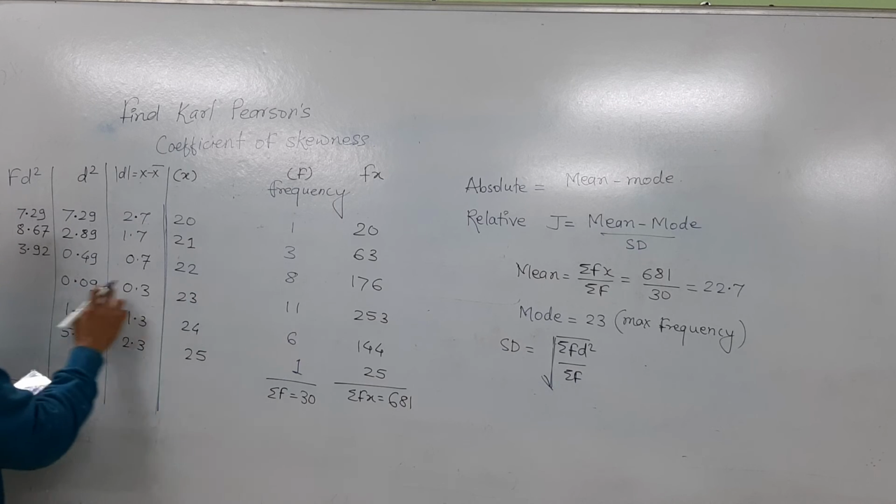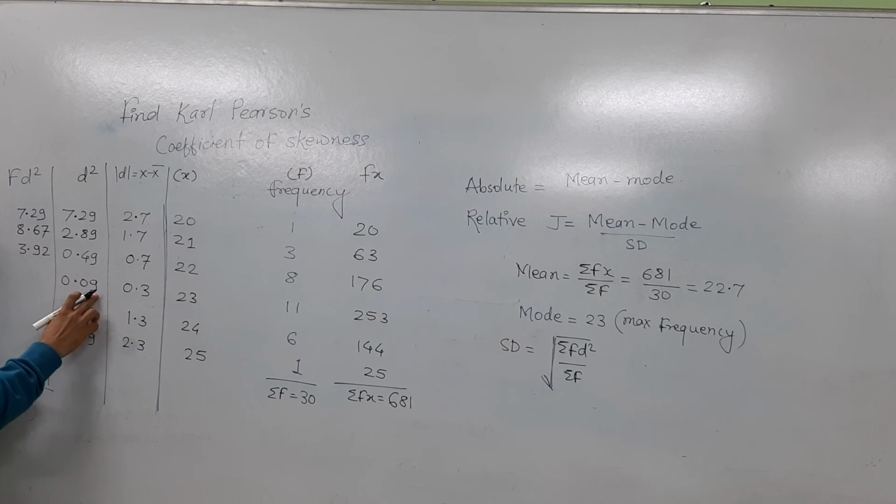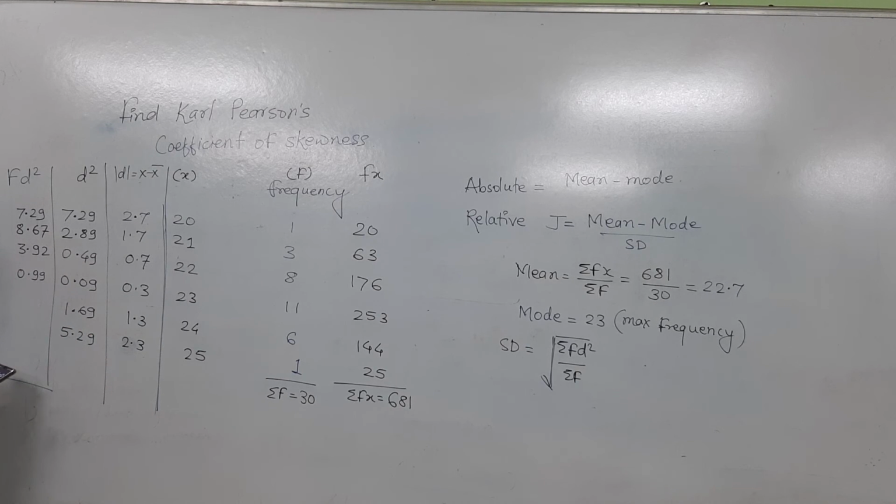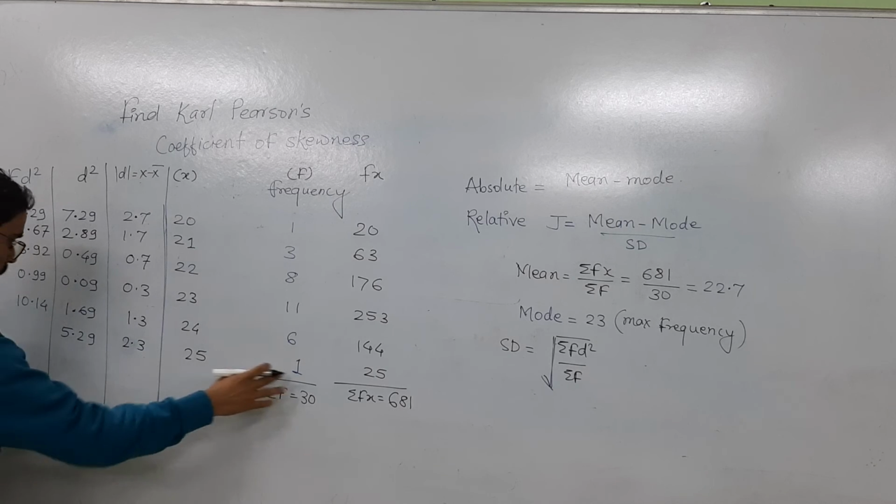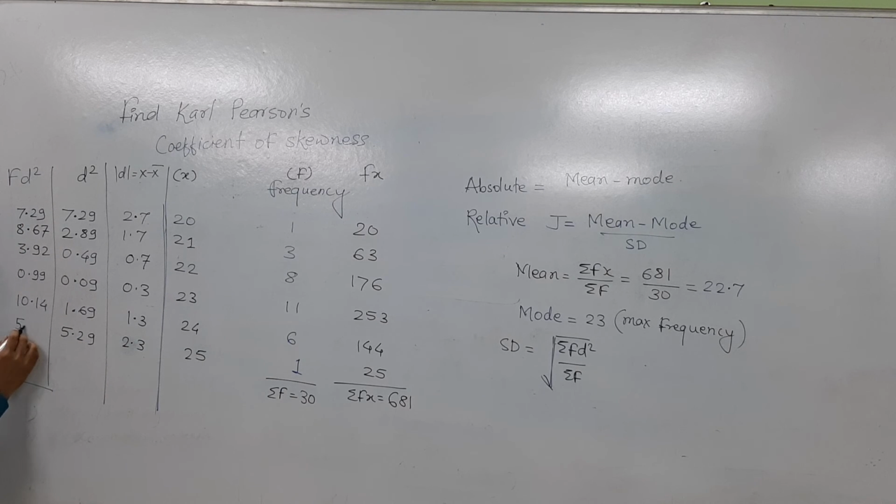The next term is 11 into 0.09, so it will be 0.99. Now 6 into 1.69 is 10.14. Now 1 into that term, it is 5.29. Okay, so we got all the values.